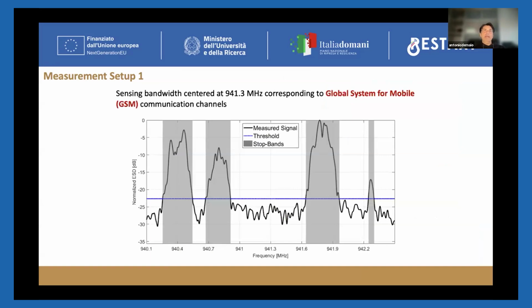I will not go into details which can be found within the paper I mentioned before. I just say that we focused on a sensing bandwidth of 941 megahertz, and there are 4 licensed emitters as shown in the spectrum of these slides.